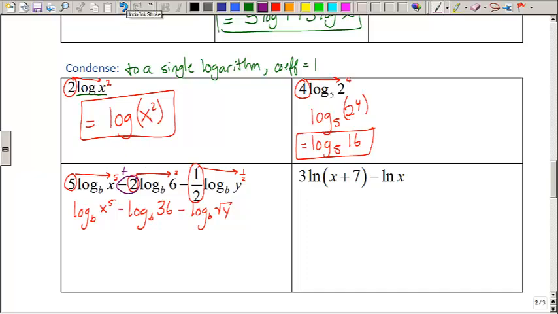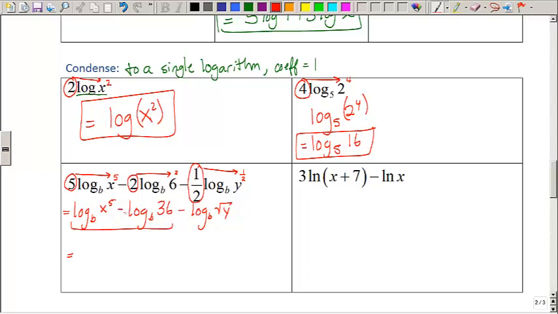I prefer keeping the negative with the log so that I can use the quotient rule. You could use it the other way, move the -2 up into the exponent, but then you have to remember that the negative exponent needs to move down into the denominator. The answer will come out the same whether you move the 2 or just the -2. I find this to be a little bit more helpful, and students make fewer mistakes when they do it this way. So what I'm going to do now is just take a look at the first two.